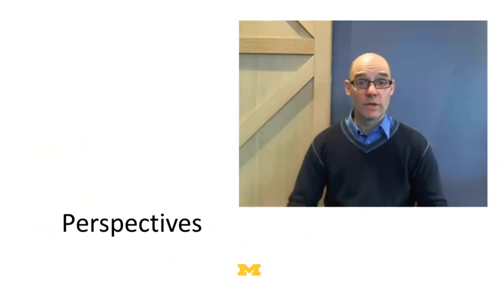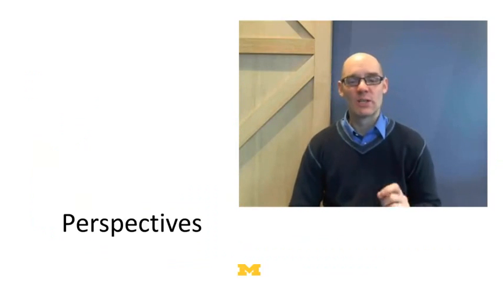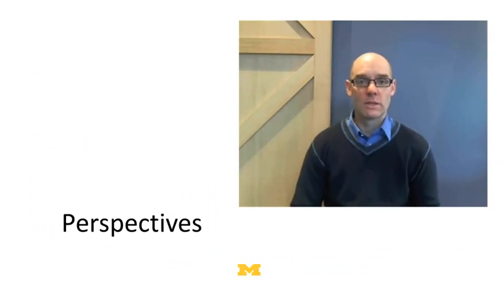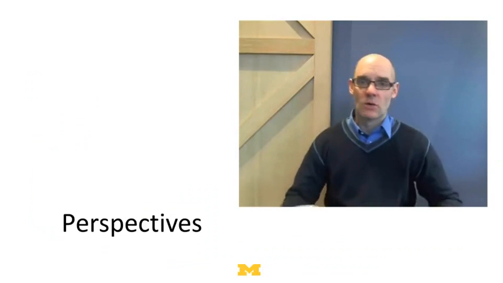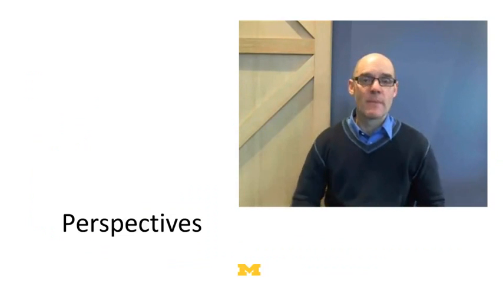How are we going to do it? Well, here's what the model is going to look like. We're going to start out by talking about something I'm going to call perspectives. What is a perspective? A perspective is how you represent a problem. So if someone poses some problem to you, again, whether it's writing code, healthcare policy, designing a bicycle, or designing an addition to your house, you have some way of representing that problem in your head.